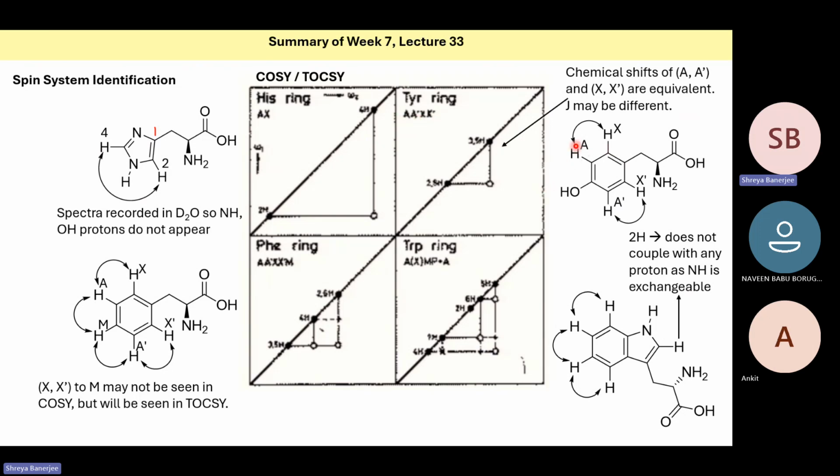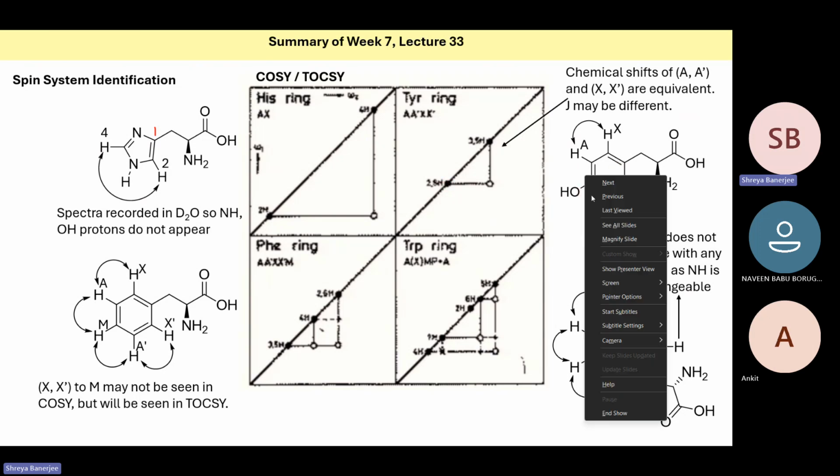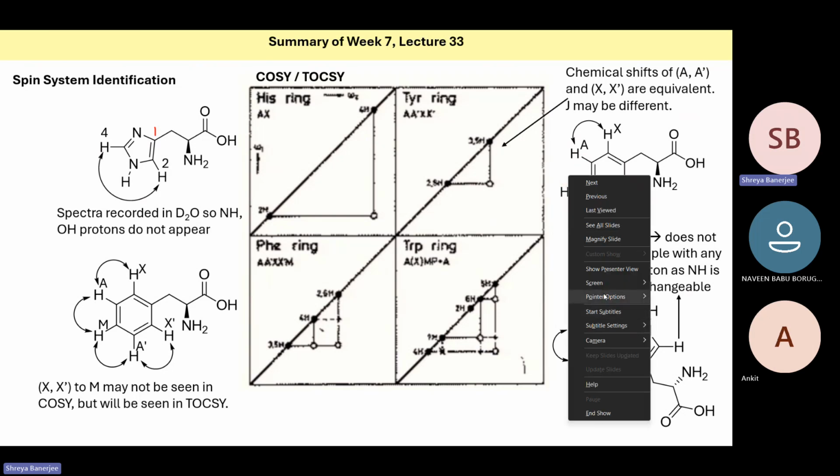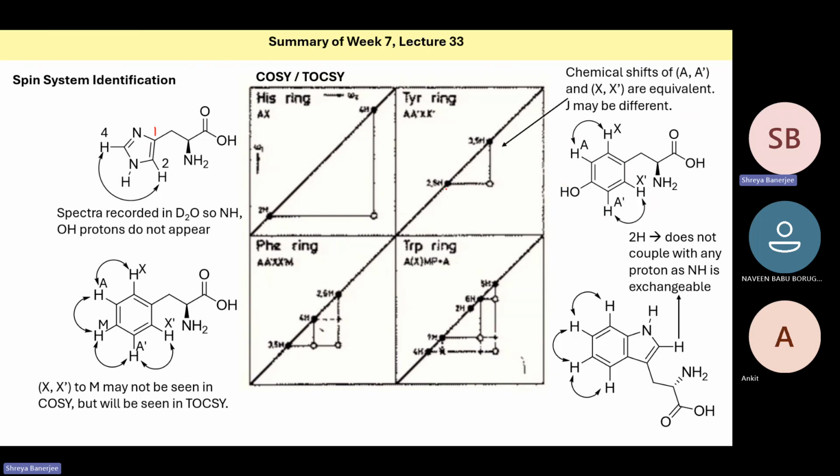But the chemical shift of A and A prime will be the same because they are in a similar chemical environment. They are just adjacent to the OH. So there will be one peak here, and it will be more downfield shifted because they are adjacent to the OH. So I will call this peak AA prime, and this peak XX prime.